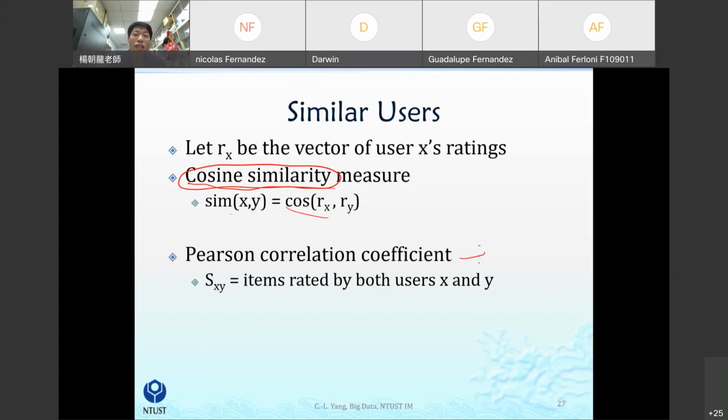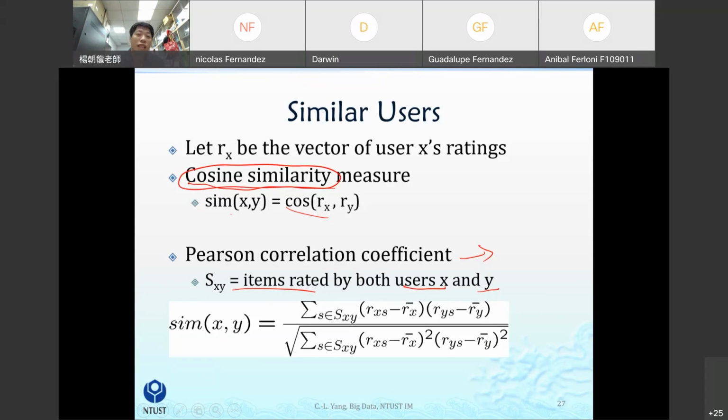Here I just use a very simple example, writing the ratings of user X and user Y and finding the items rated by these two customers, to measure the similarity based on their ratings. I will skip this calculation, but this is just an example to show how we use a similarity measure. Since there are many different kinds of similarity measures we can use, this is just one example.